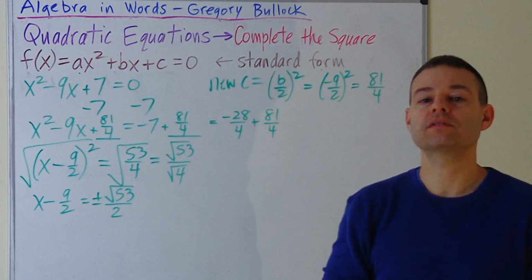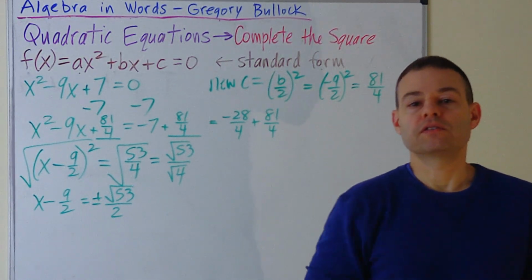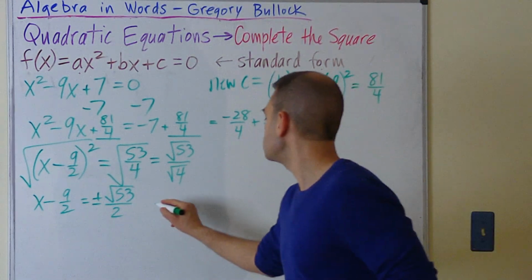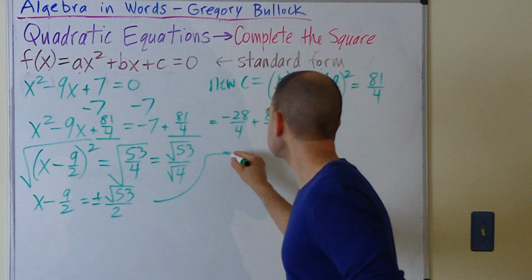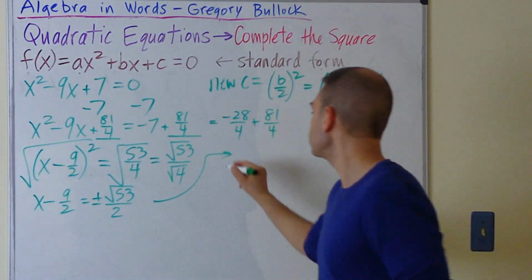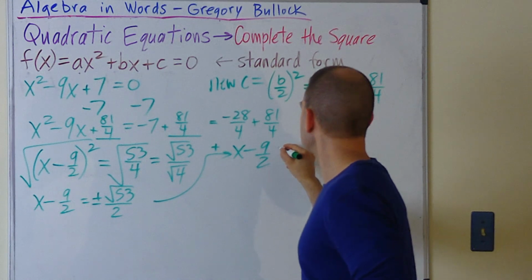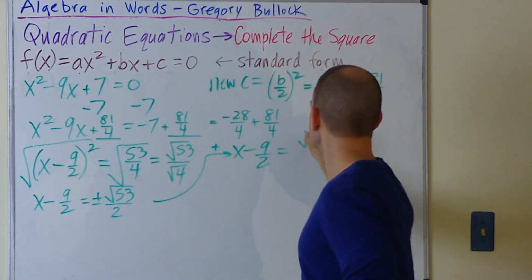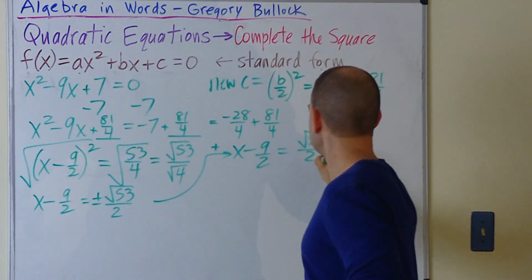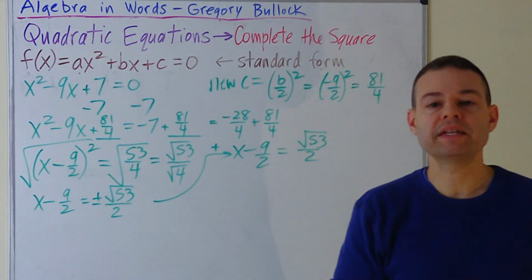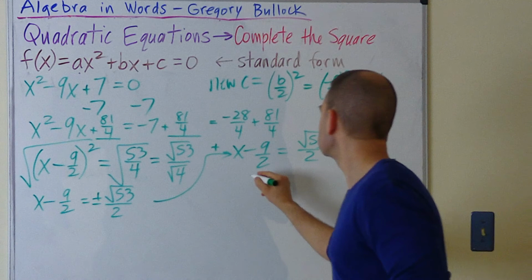And now what we're going to do is solve for x, and we need a positive and a negative form, so let's do that here. Let's do the positive form here. All right, and now let's add 9/2 to both sides.